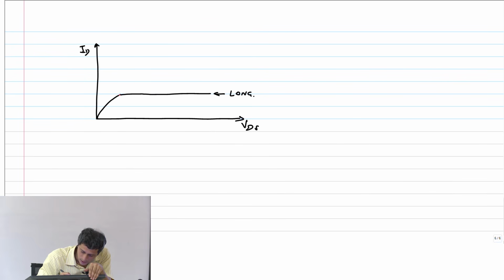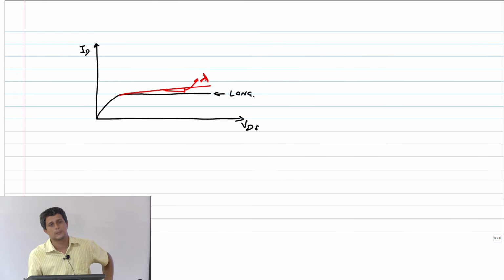Okay, so therefore this current will actually go like this. Remember, it is not like some huge slope, it is a very small slope that you will get there. Okay, this slope is basically, let me just redraw that nicely. This slope is basically lambda. Okay.